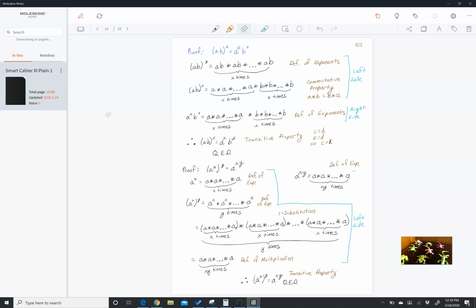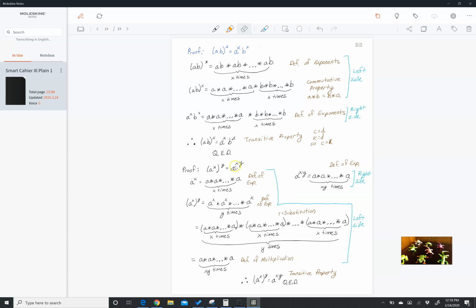And this small section here was your right side. So our right side is equal to our left side. Okay. Same thing. Right side equals left side. Therefore, they're equal. Transitive property.